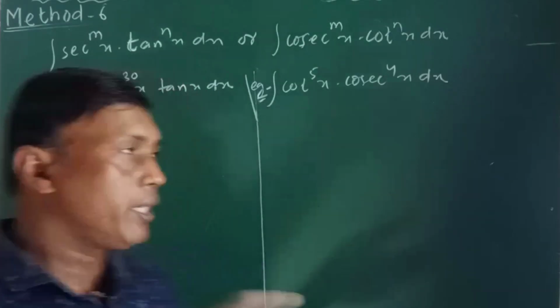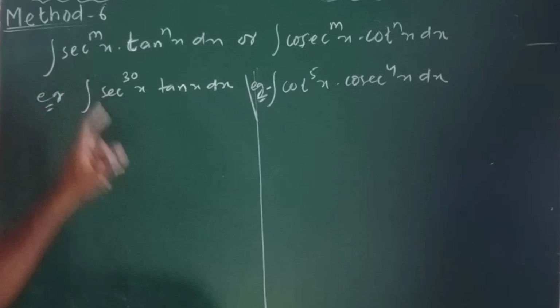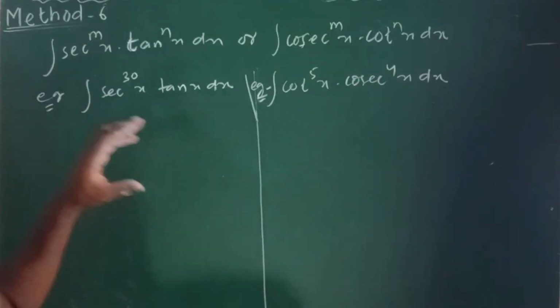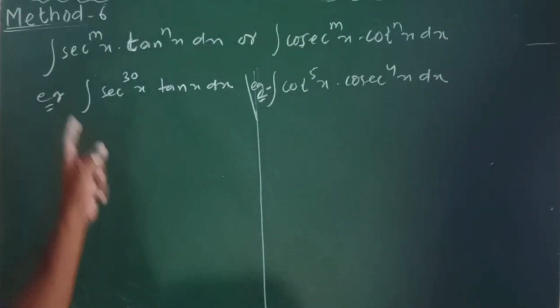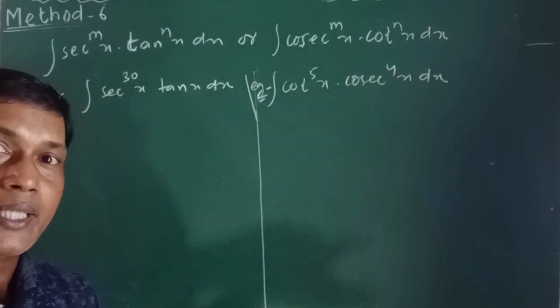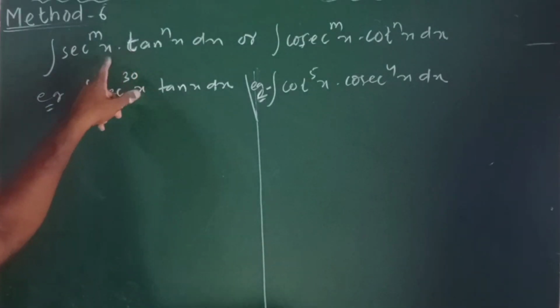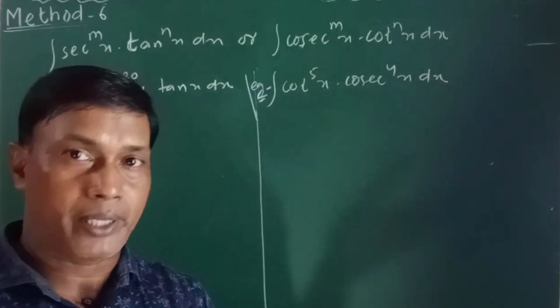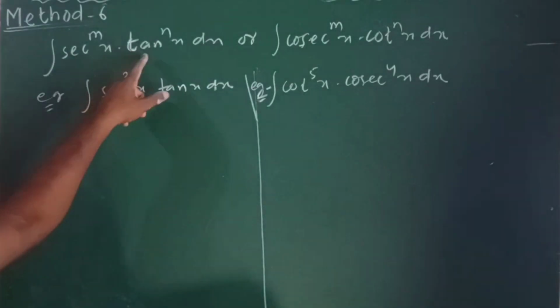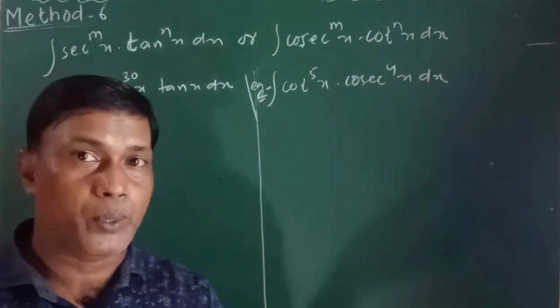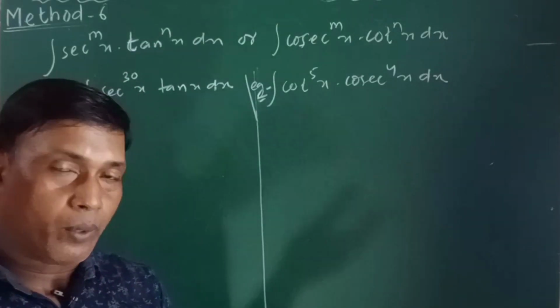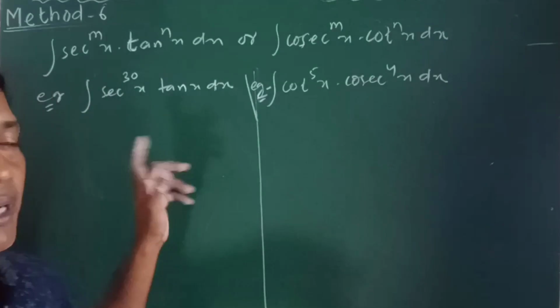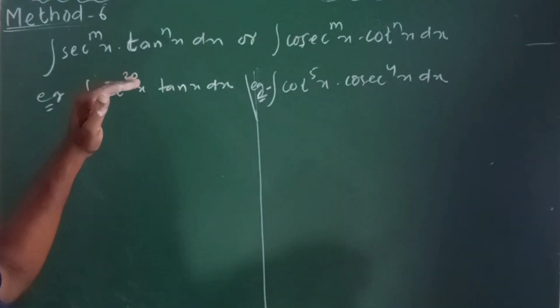If you want to substitute sec x, then make sure that you have the derivative of sec x, that means sec x into tan x is with the integrand. The derivative of that function must be there. If you want to substitute tan x, then there must be sec square x. So if you want to substitute sec, then first create sec x into tan x.